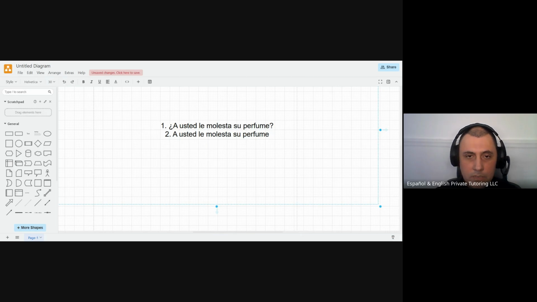If you notice here, the structure is exactly the same in Spanish. So if you don't change the tone, I'm going to think that you are affirming and not asking a question, because it's exactly the same structure.